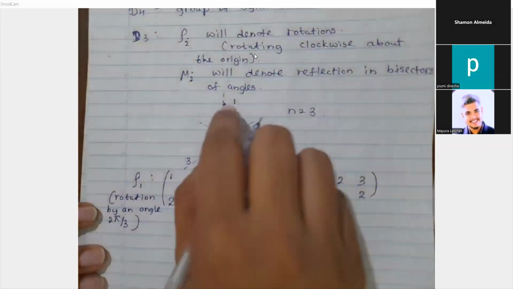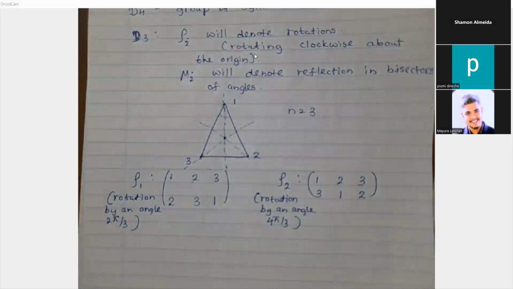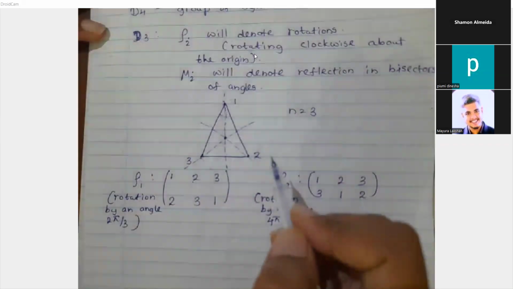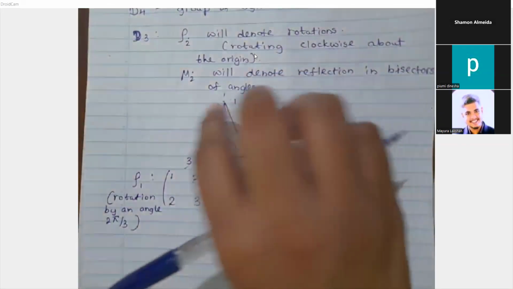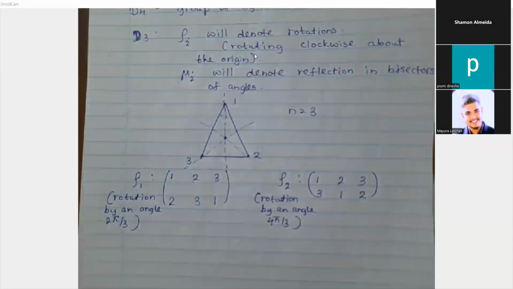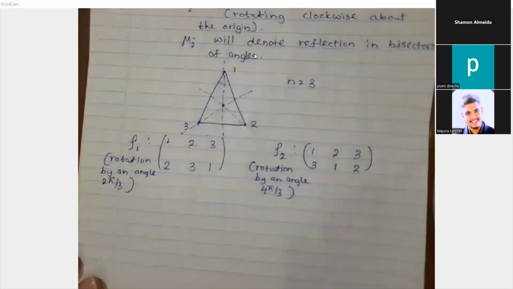And if we triple this angle, we will be back at the original spot, if you will. 1 will be sent to 1, 2 will be sent to 2, and 3 will be sent to 3, sorry. So you can think of it as rotating it all the way by an angle of 2 pi. In other words, simply taking no rotation, right?